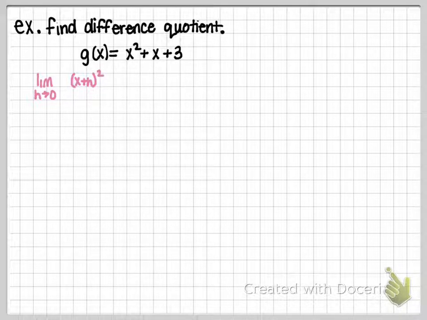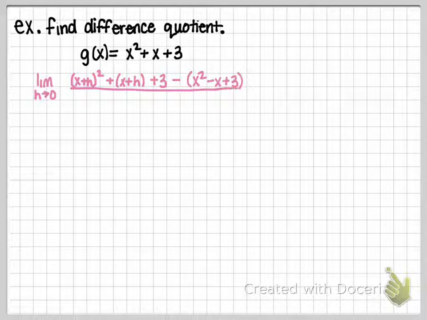So I'll have x plus h squared plus x plus h plus 3 minus, and then I'll subtract that entire function, x squared plus x plus 3. And that will all go over h.